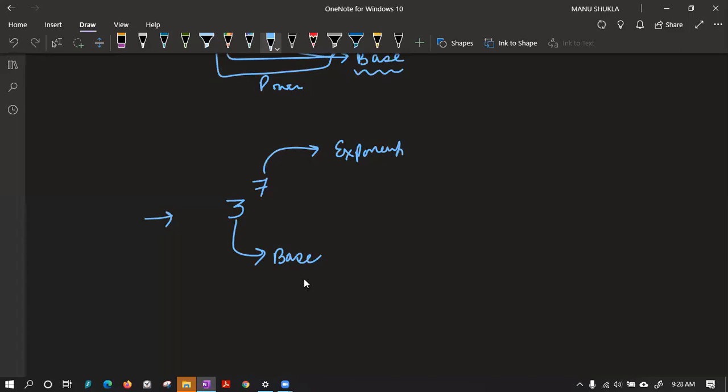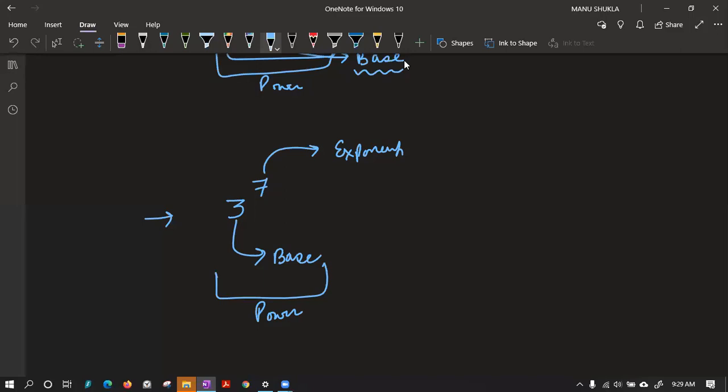And when we say this number, we say it is 3 to the power 7. This complete thing is power, where 7 is exponent and 3 is base. That's it. This was enough for you.